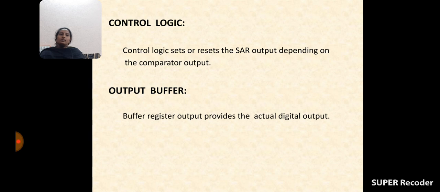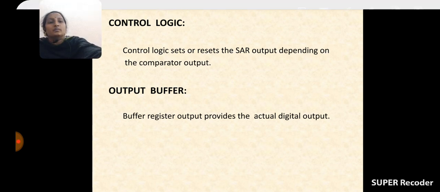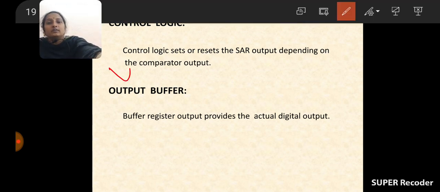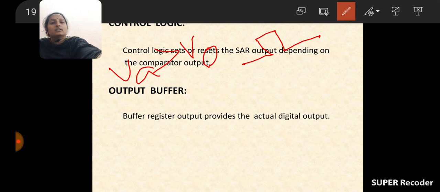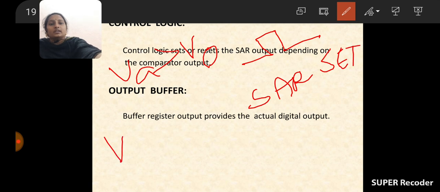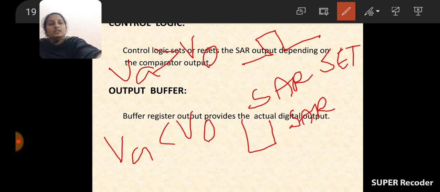If the comparator produces a low level output, the successive approximation register is reset. So if VA is greater than V0, the comparator will produce a high level pulse and the register will be in set condition. If VA is less than V0, the comparator will produce a low level pulse and the register is in reset condition.